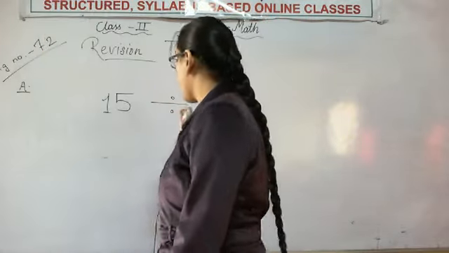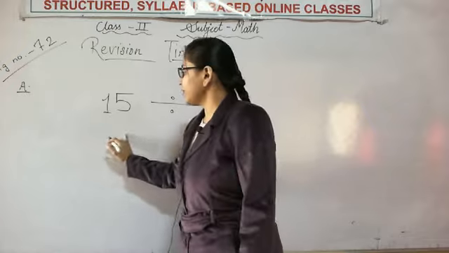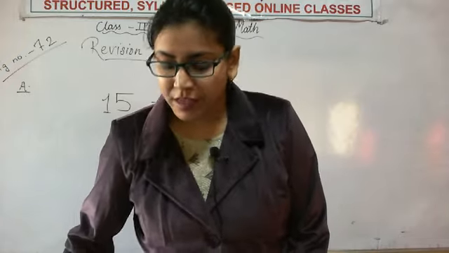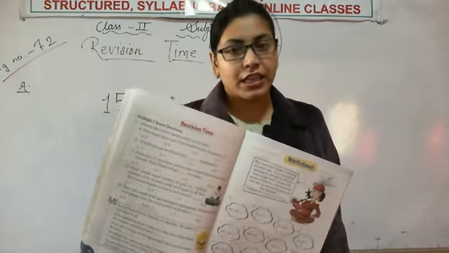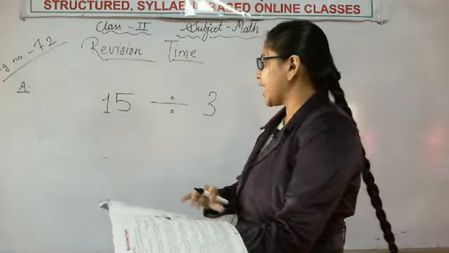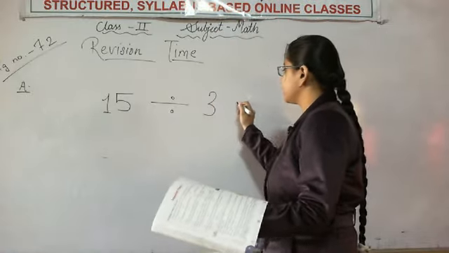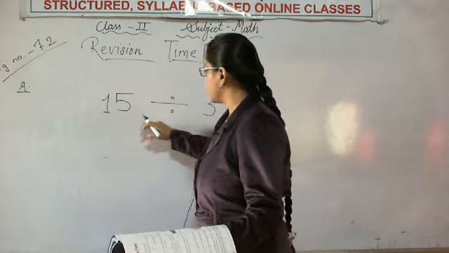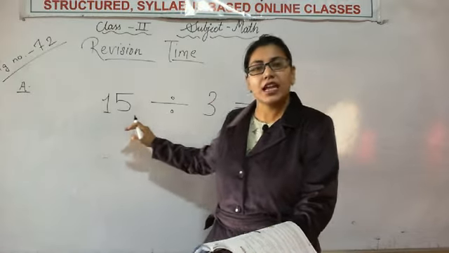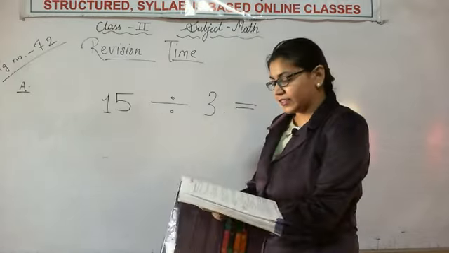If we write this statement, the question, in a mathematical expression, then it would be 15 divided by 3. Simply it would be 15 divided by 3.